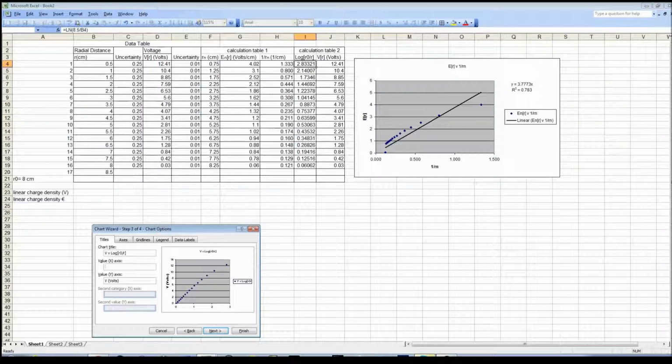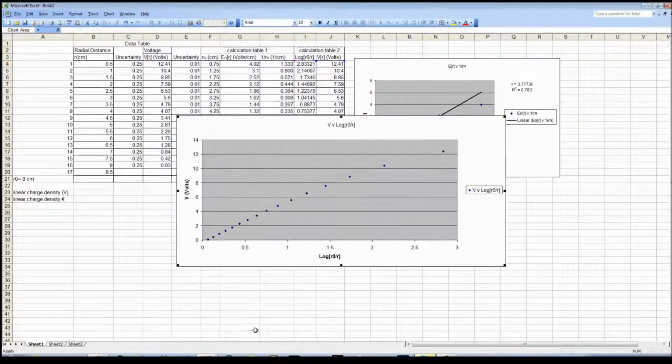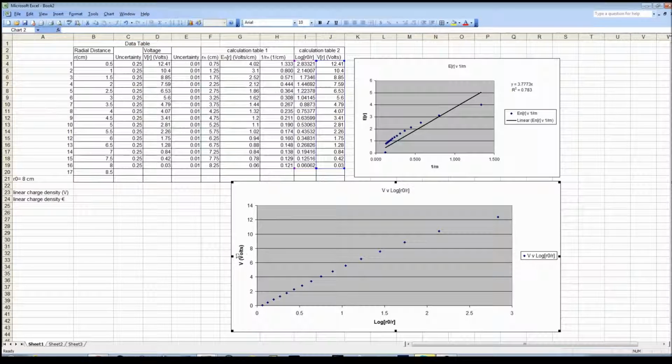And our X is log R naught over R. And here we go. I'll resize it a little bit.